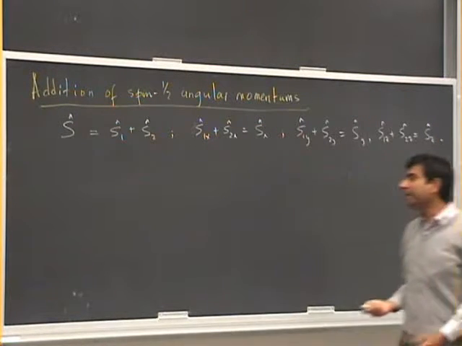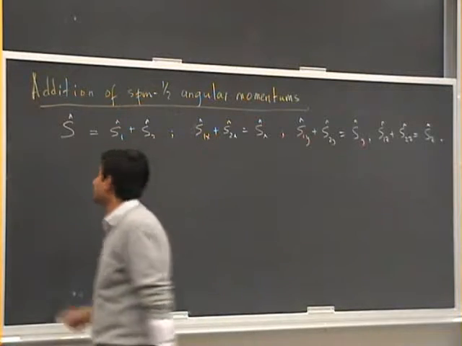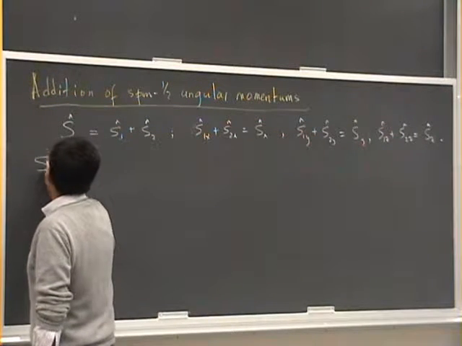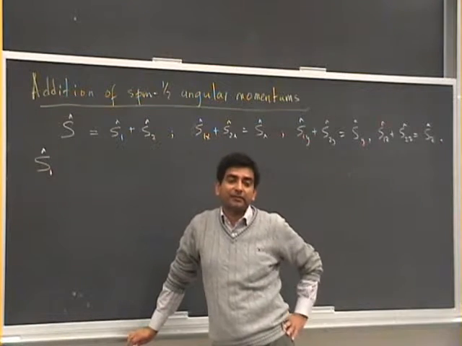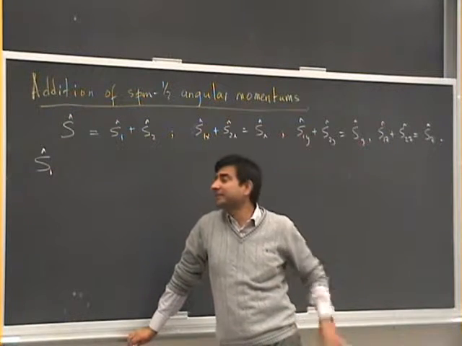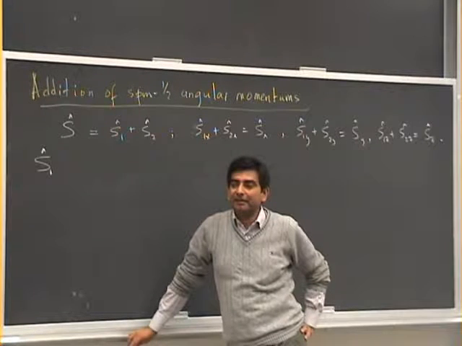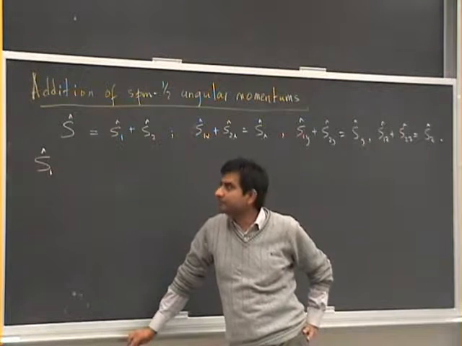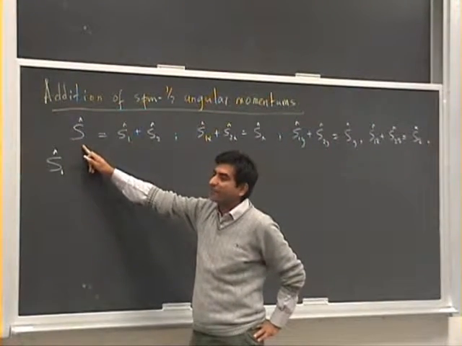And remember that when I'm talking about a composite bipartite system, when I write S1, is it a 2x2 matrix or a 4x4 matrix? When I just write S1, it's a 2x2. Okay, but this is a 2x2 matrix, and this adds up to give me a 4x2?